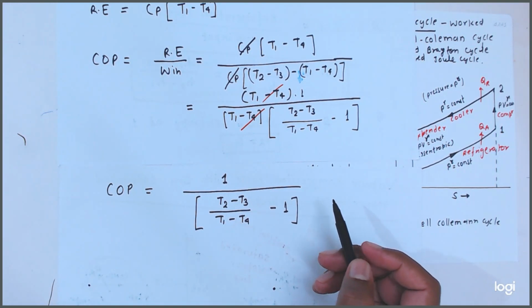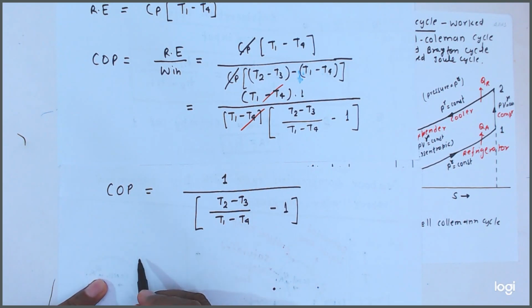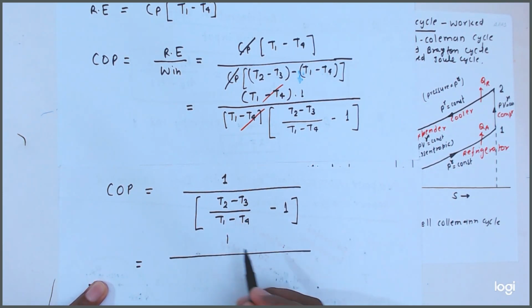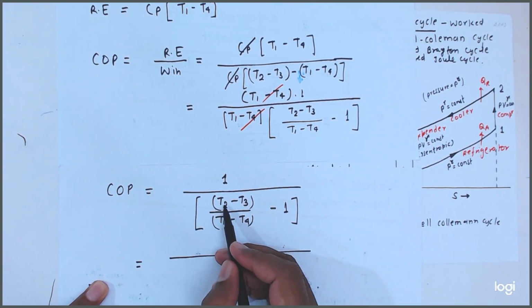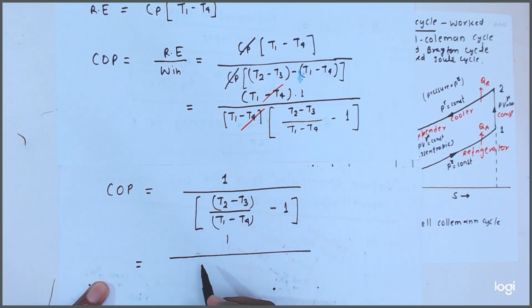Okay, now friends, one more point we will do. Here, 1 upon this term. T2 we will take common from the top and T1 we will take common from the bottom. If you take T2 common, then what happens? 1 minus T3 by T2.